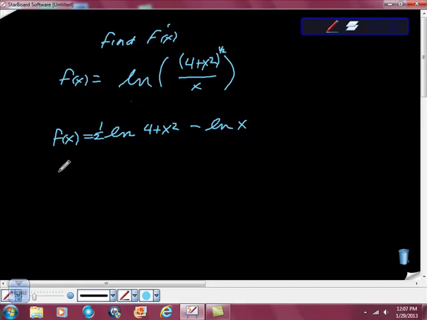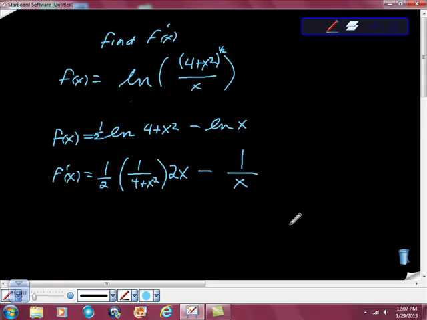So now I'm going to start to differentiate. Here's my 1/2 as my constant multiple. It's 1 over (4 plus x squared) times 2x, minus 1/x.